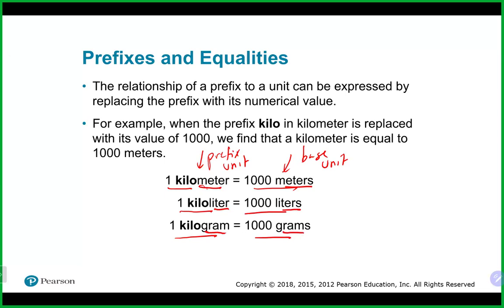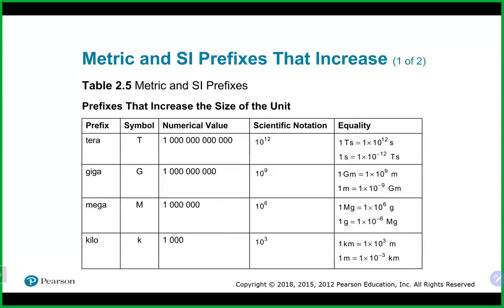So we do use prefixes, and there are two ways that we sometimes use them, and sometimes people use them incorrectly. So let's talk a little about a table like this, which you have in your book. A lot of times people will look at the scientific notation part of it and use it as the conversion. And you can, but sometimes people do it incorrectly.